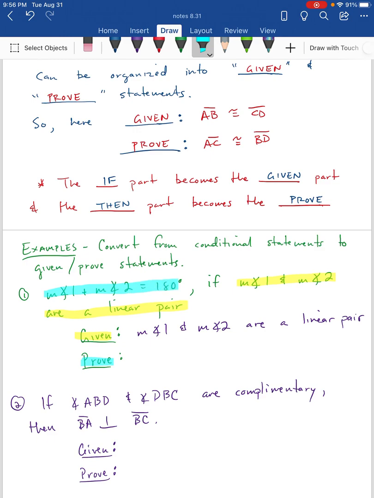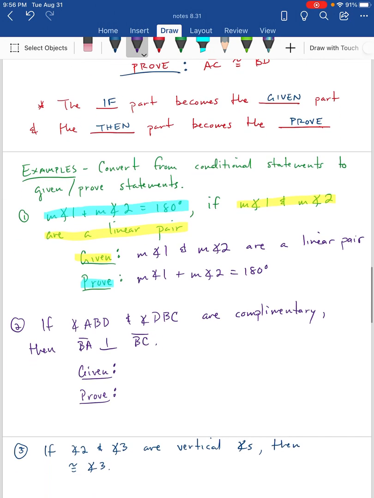Although the then is missing, that is the only thing that is left over. So the measure of angle 1 plus the measure of angle 2 is equal to 180 degrees. And I'm done. That's all I'm doing, is turning these conditional statements into given and prove statements. Okay, so let's go on to the next example.